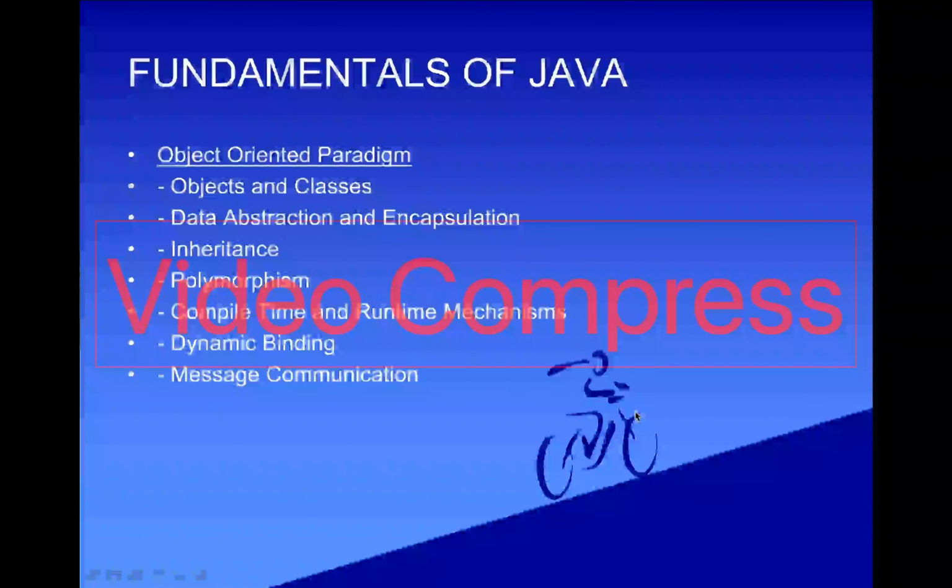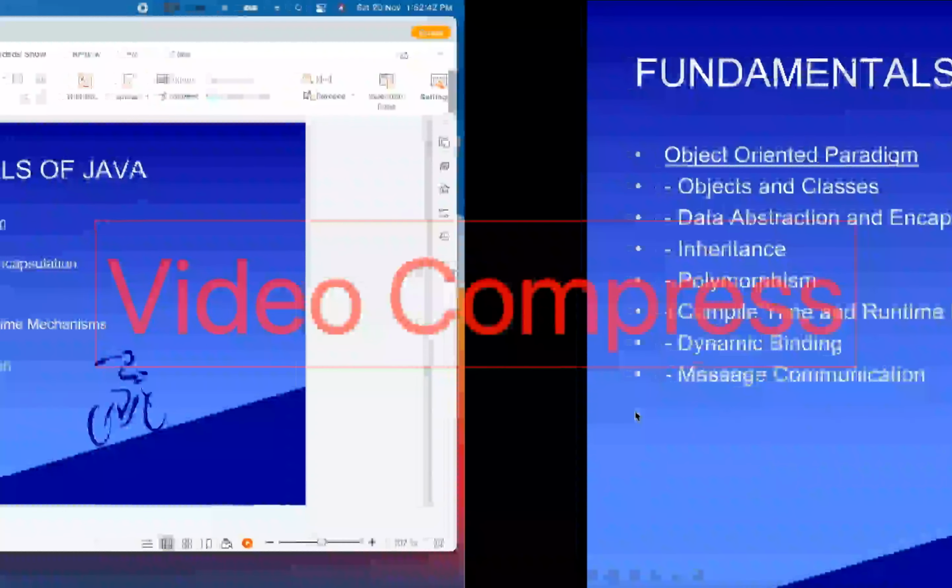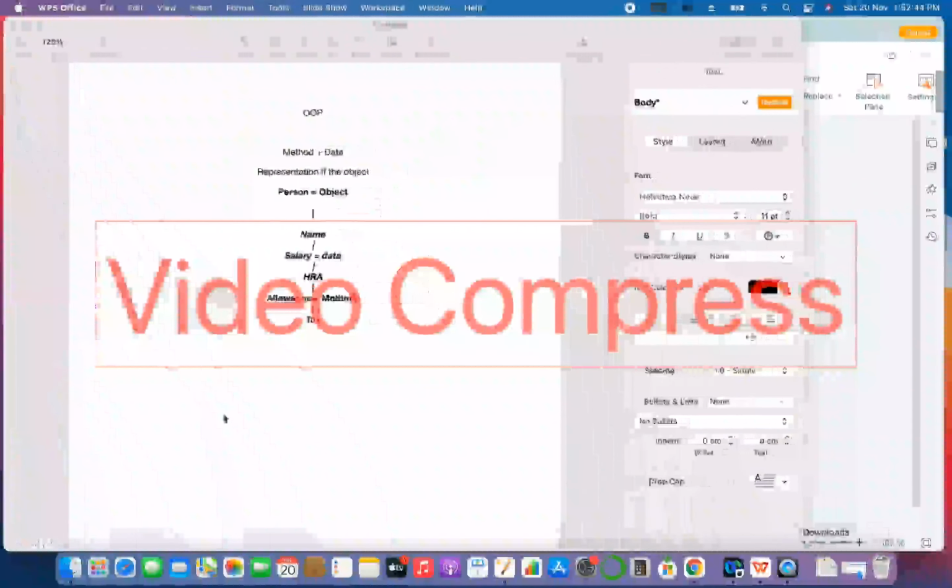Encapsulation is a feature of the class. The data is not accessible by the outside world, only those methods which are wrapped in the class can access it. That's called encapsulation. Now let me give you an example of how encapsulation works.